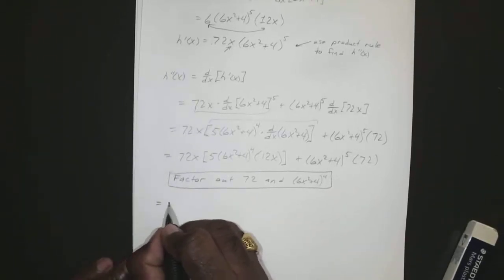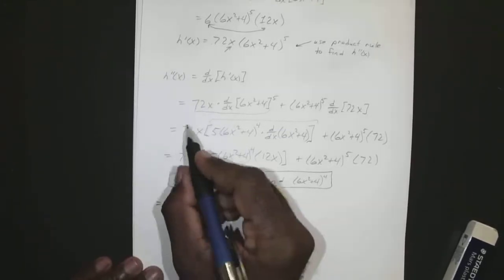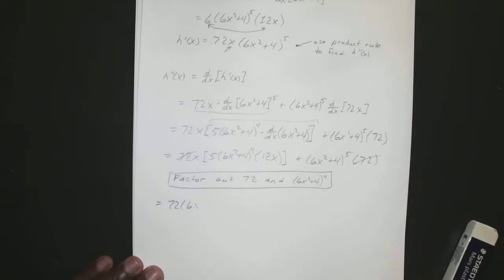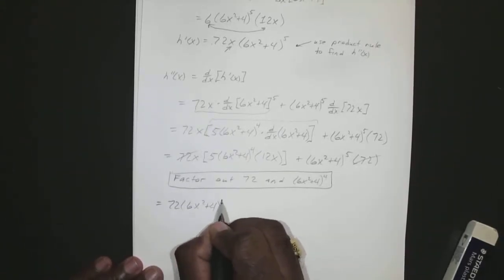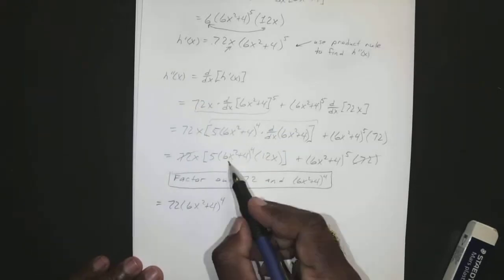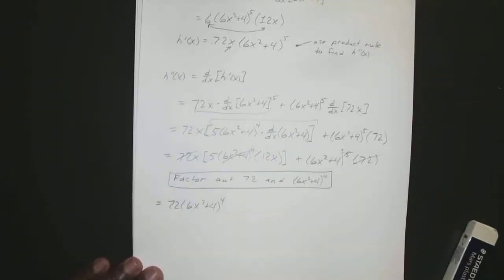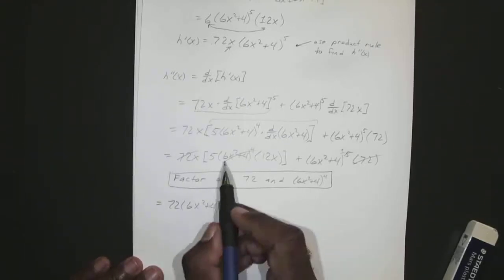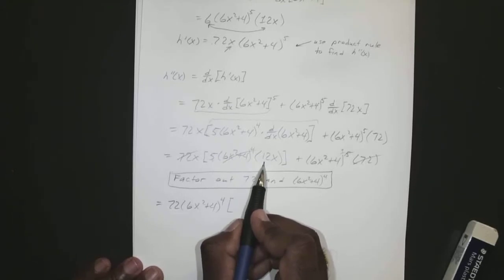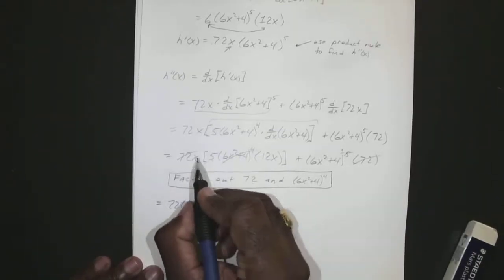Okay, so if we factor out our 72, and actually we can go ahead and cross that out here once we do that. And (6x² + 4)^4, that disappears here, and that just goes to the first power. That leaves us with 5 times 12x, which gives us 60x, plus that x is squared.